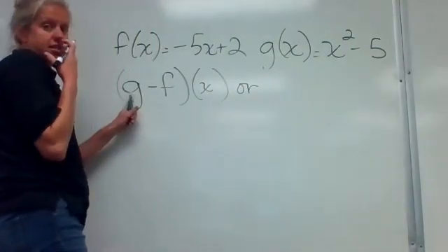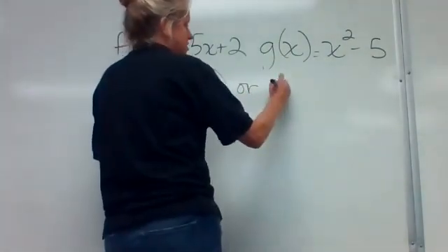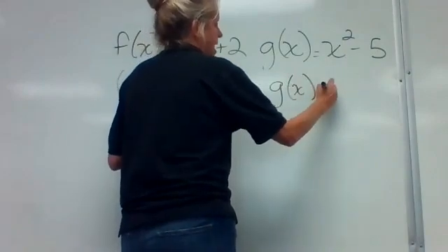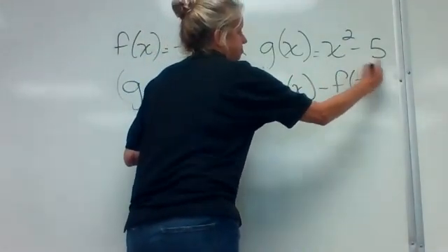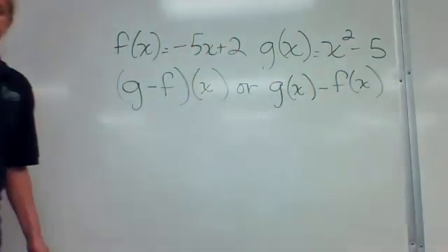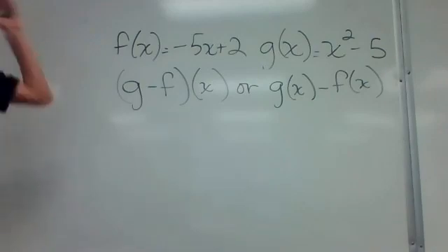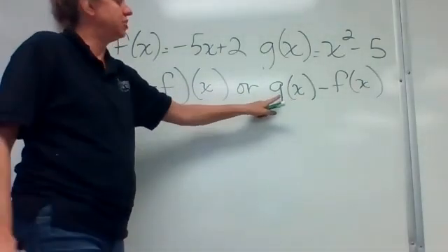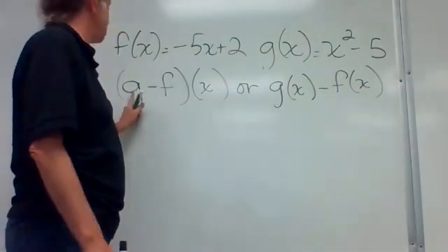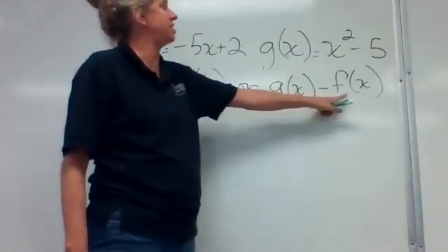It's going to say this one first, g of x minus f of x. So be careful here. You got to do this in the order that it tells me to do it. It wants me to do g minus f.